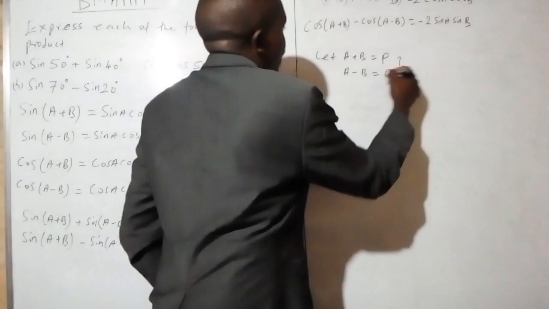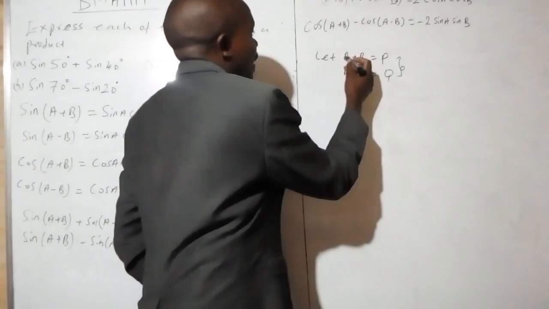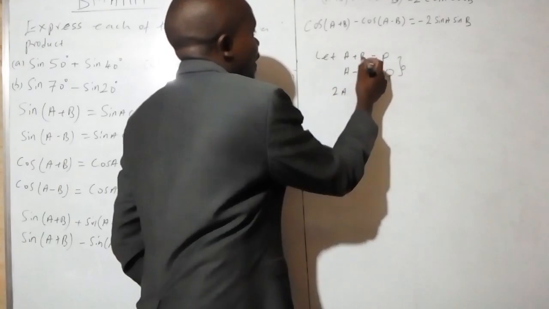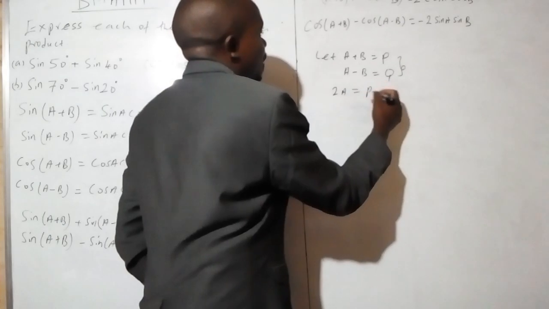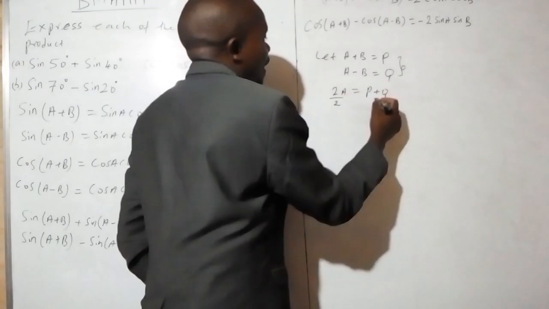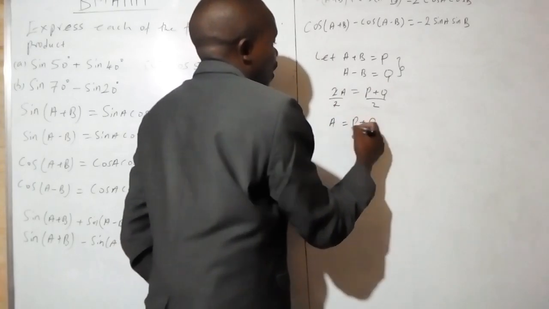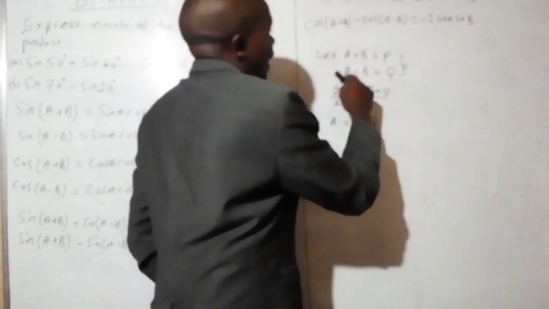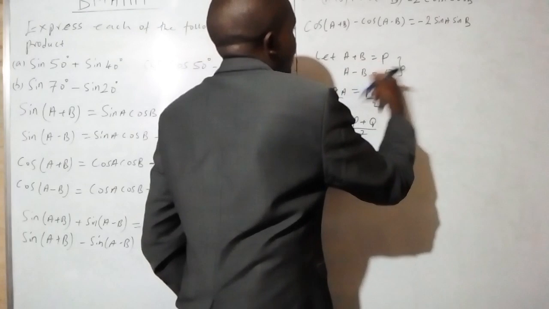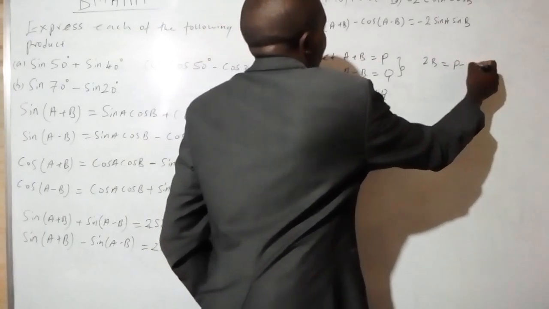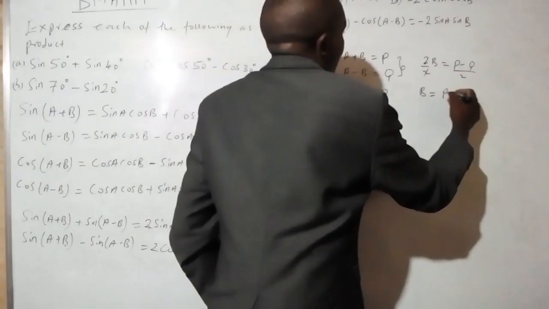We add the two: A plus A is 2A, B plus minus B will be 0, equals P plus Q. If you divide by 2, A will be P plus Q all over 2. Then we subtract: A minus A is 0, B minus minus B is 2B, equals P minus Q, so B will be P minus Q over 2.